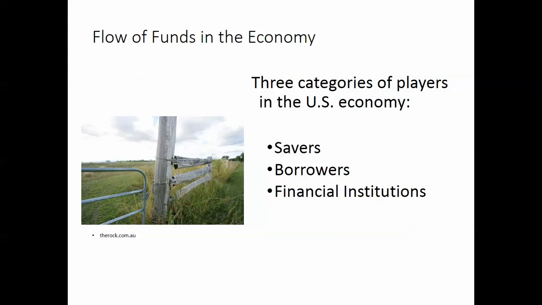The financial institution is the business that connects savers and borrowers. The bank takes investment from savers, in other words, they take deposits from savers. They will pay the saver a percent interest, and then the financial institution will lend that same money to a borrower.